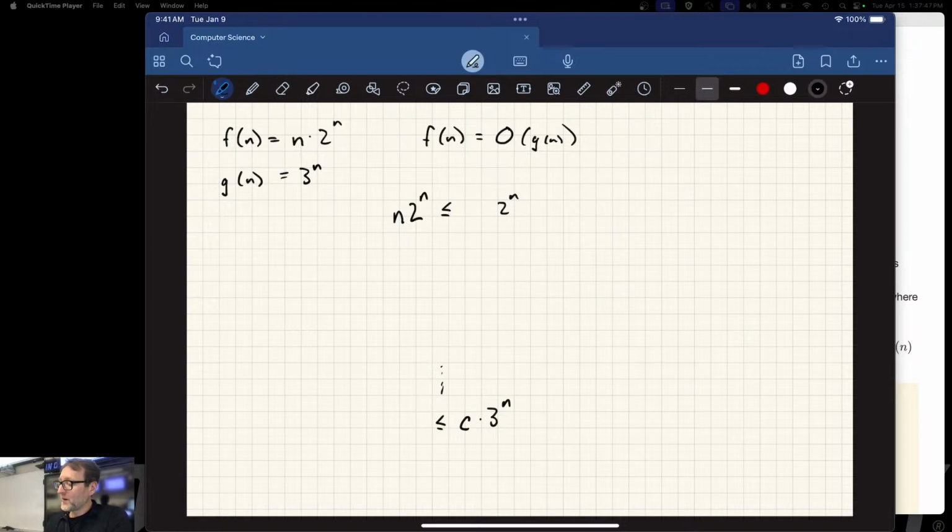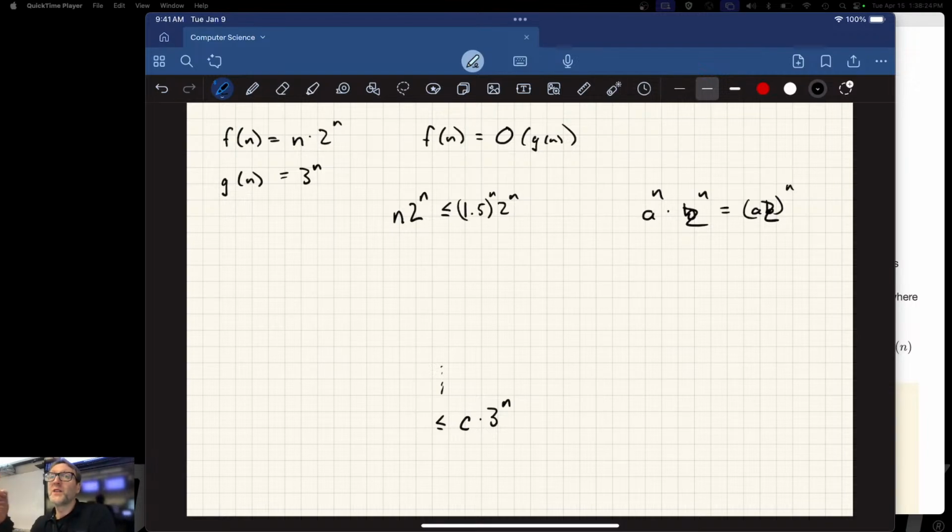Well, I could do n squared instead, but that really doesn't help me. I want to get it in a form that, when I multiply them together, will give me 3 to the n. What will do that? Remember, bases with a common exponent are equal to ab raised to the n. So if one of these is 2, how do I get this to equal 3? 1.5 to the n, right?